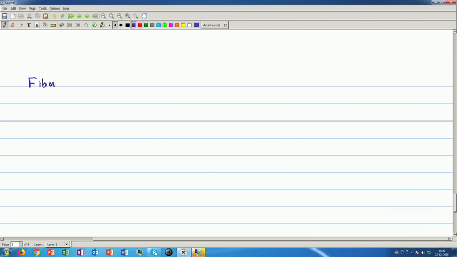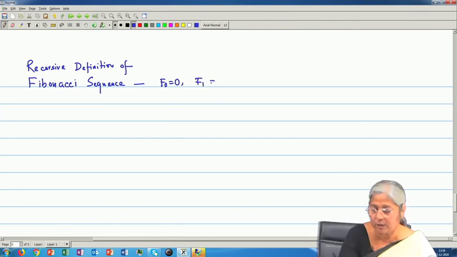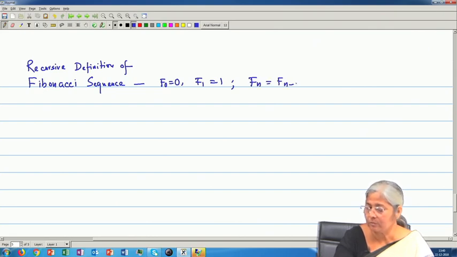We define the Fibonacci sequence by a recursive definition, with the initial conditions f 0 equal to 0, f 1 equal to 1, and the sequence is f n equal to f n minus 1 plus f n minus 2.